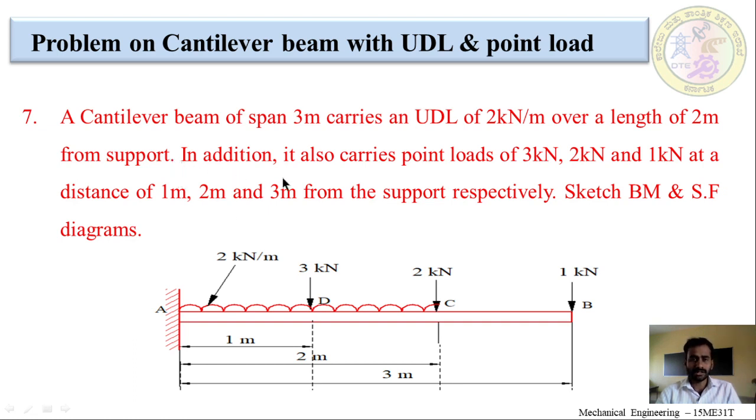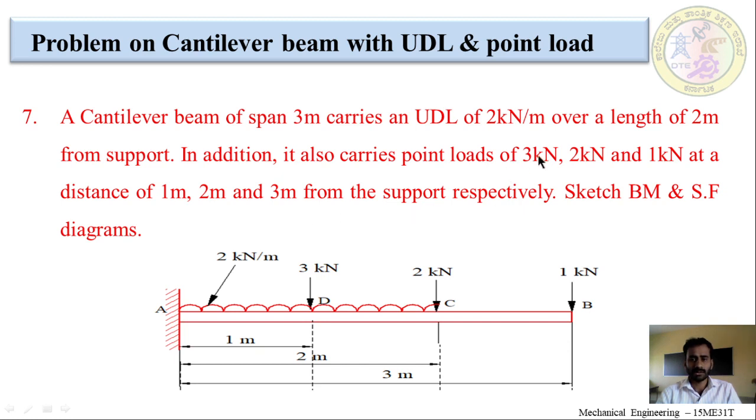And also in addition, it also carries point loads of 3 kilonewton, 2 kilonewton and 1 kilonewton. These are the concentrated loads at a distance of 1 meter, 2 meter and 3 meter from the support.